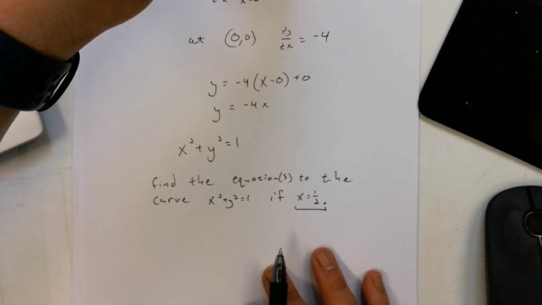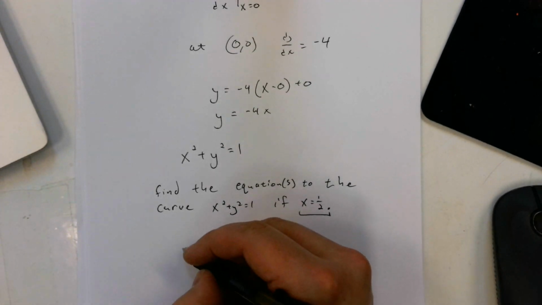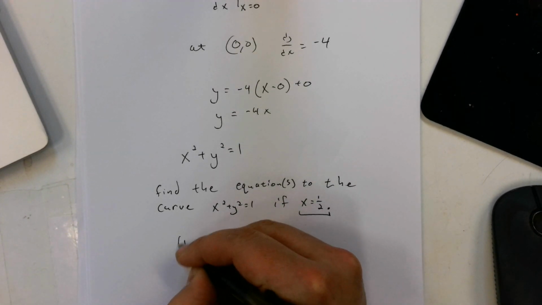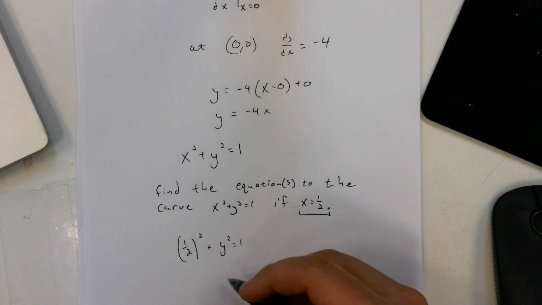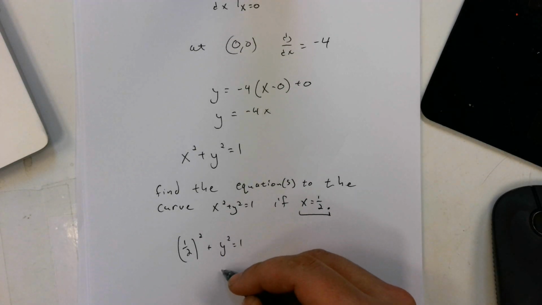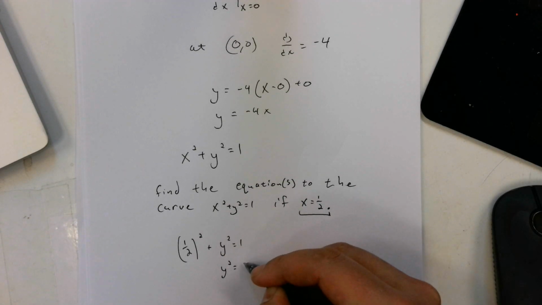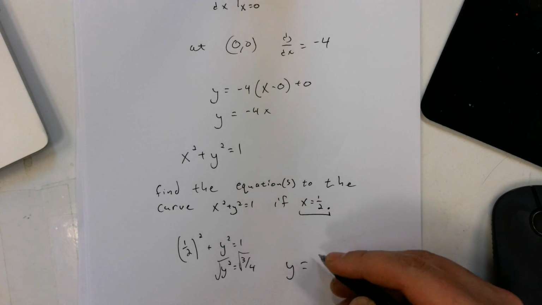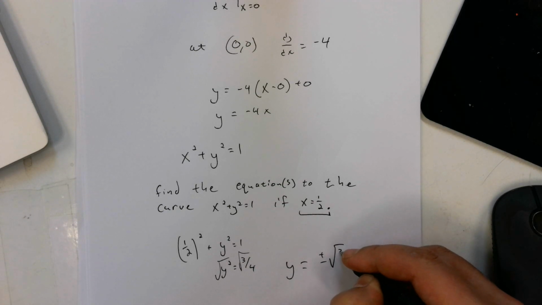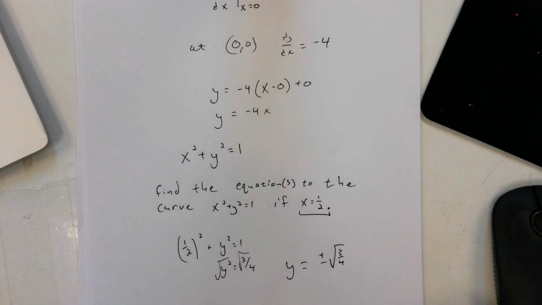Now, let's just check. If x equals 1/2, I've got 1/2 squared plus y squared equals 1. 1/2 squared is 1/4. Subtract that from each side to get y squared equals 3/4. If I take a square root, y equals plus or minus the square root of 3/4.